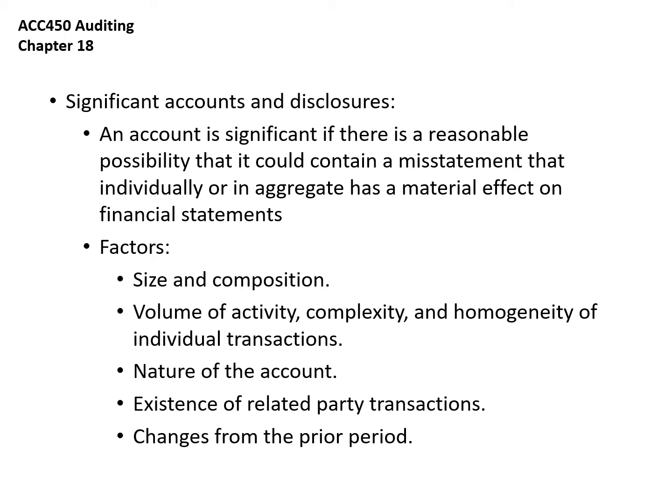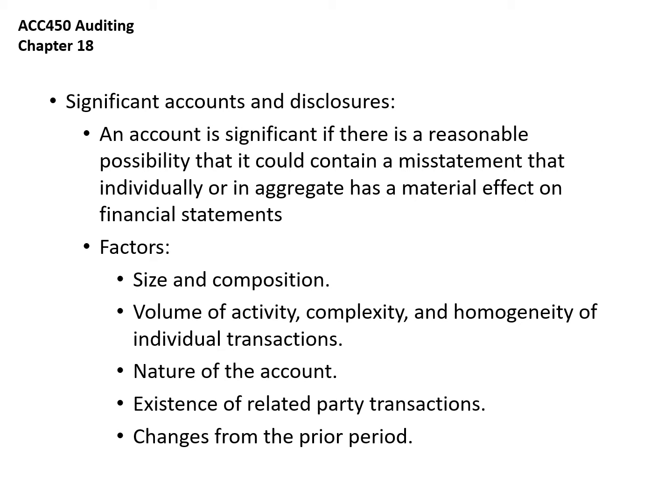So the auditor is also going to want to look at significant accounts and disclosures. So that would be any account that would potentially create a material misstatement on the financial statements. We'll do that based on the size and composition of the account, the volume of activity that goes through that account, so the number of transactions, what the nature of the account is in terms of its sensitivity to readers' perceptions of the financial statements.